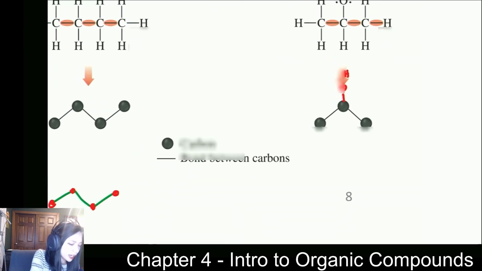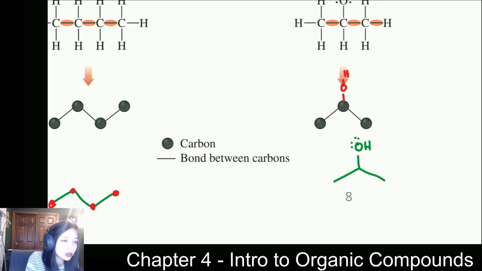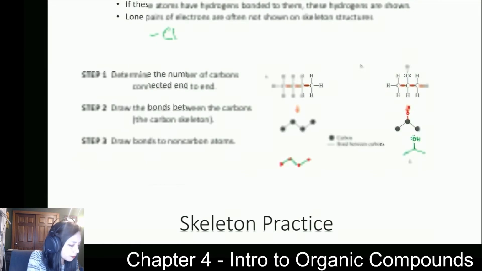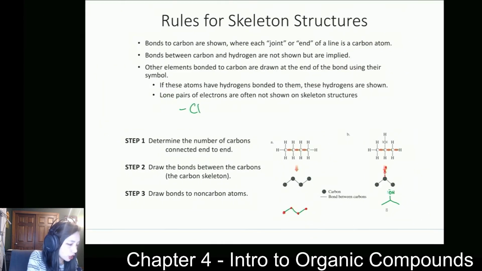Really, how an organic chemist would draw this is they would draw the 3 carbon backbone and then draw the OH. And recognize oxygen actually has 2 lone pairs on it as well, but sometimes structures don't include them because we should recognize that oxygen would need those lone pairs. Also, oxygen typically makes 2 bonds. So that's how we draw skeletal structures.